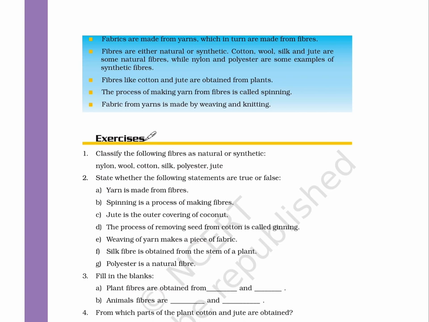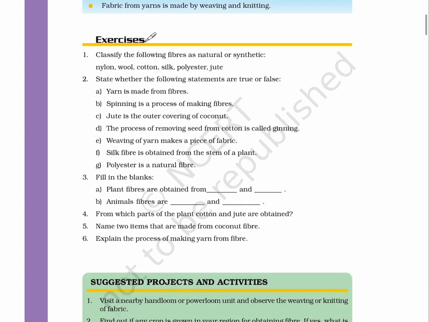Exercises. 1. Classify the following fibers as natural or synthetic: nylon, wool, cotton, silk, polyester, jute. 2. State whether the following statements are true or false. A. Yarn is made from fibers. B. Spinning is a process of making fibers.